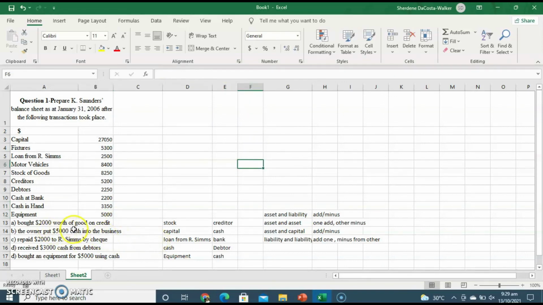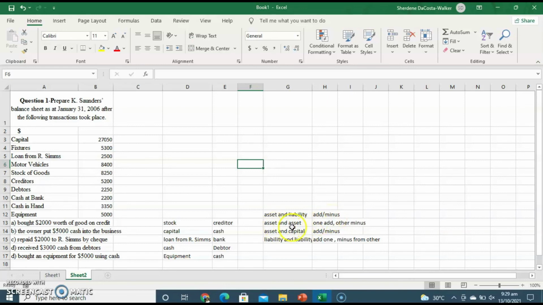So once we read the transaction, we must know which two or more assets or liabilities are affected, be able to identify them, and then we're able to change the figures based on whether it increased or decreased. So if it's an asset and a liability, we have to know that both of them will do the same. So it's going to either add to both of them or minus from both of them.